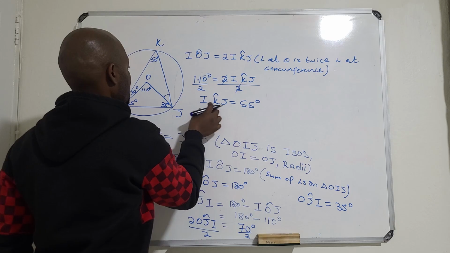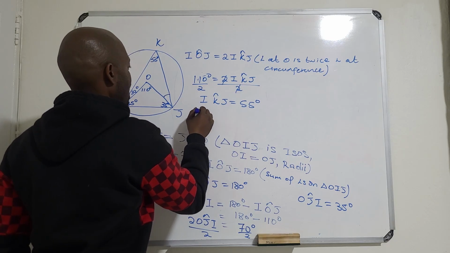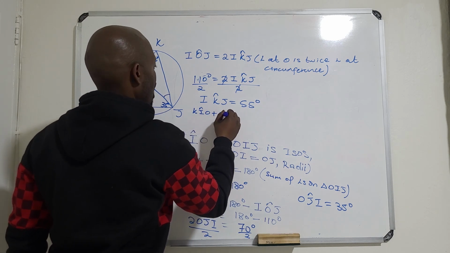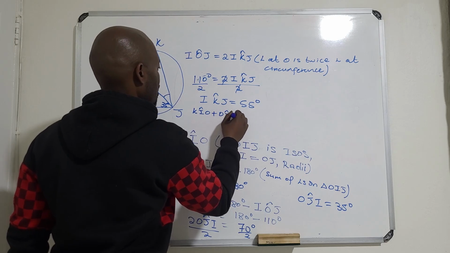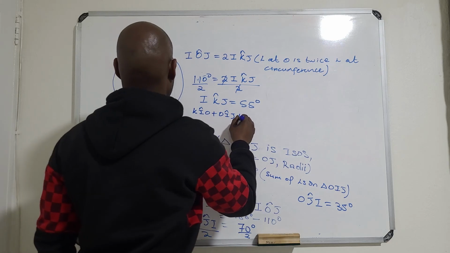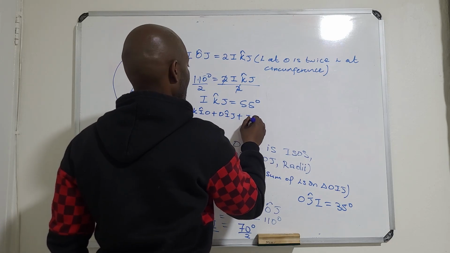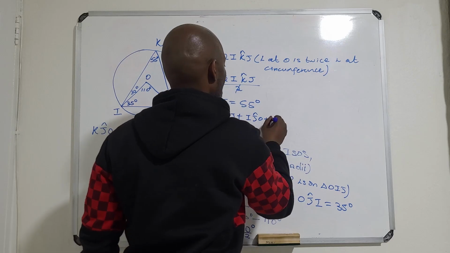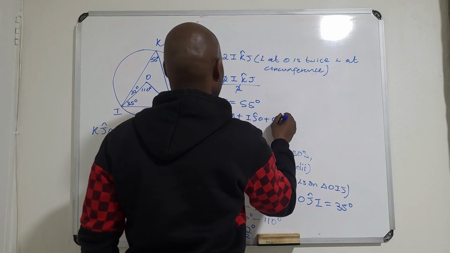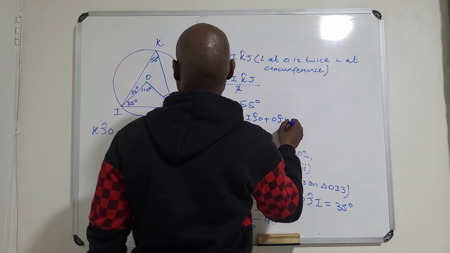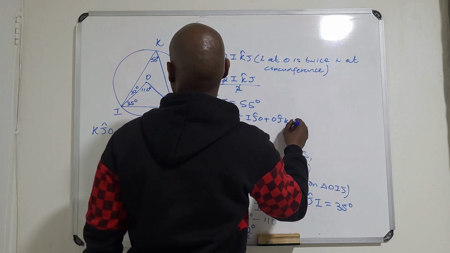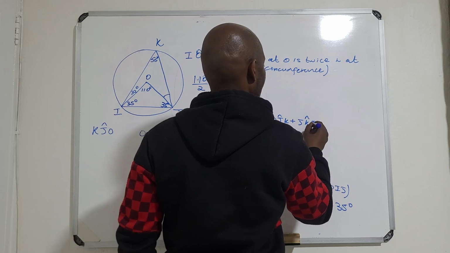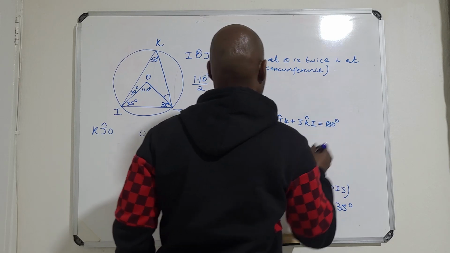Now, okay, let's start with angle KIO plus angle OIJ plus angle IJO plus angle OJK plus angle JKI is equal to 180 degrees.